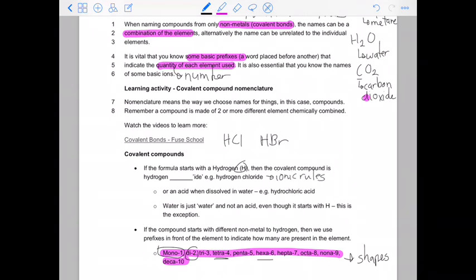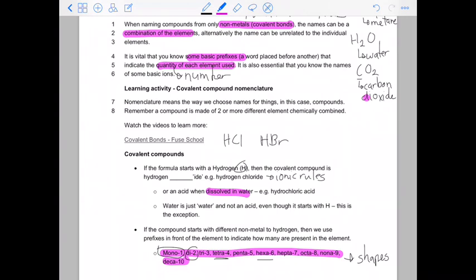This will be easier to remember if you think about the periodic table and the fact that hydrogen can sometimes act like a metal. So we use the ionic rules. Occasionally, when we dissolve these in water, they form the acid, such as HCl, hydrochloric acid, or HBr, hydrobromic acid. But that's only when it's dissolved in water, so that's not one you need to worry about.